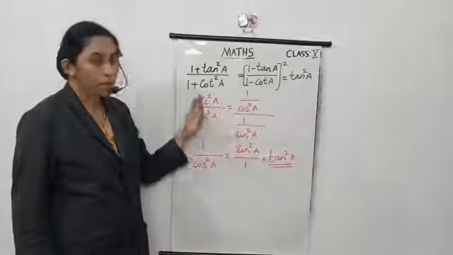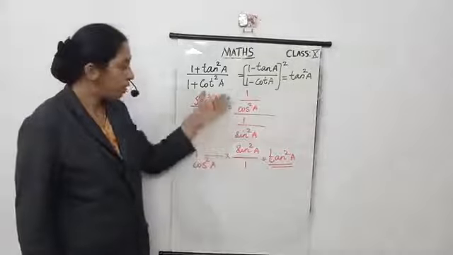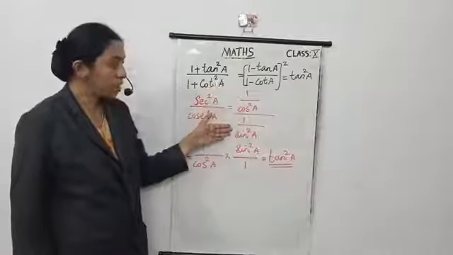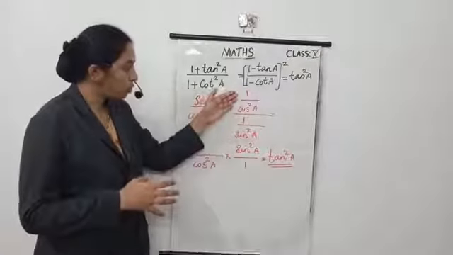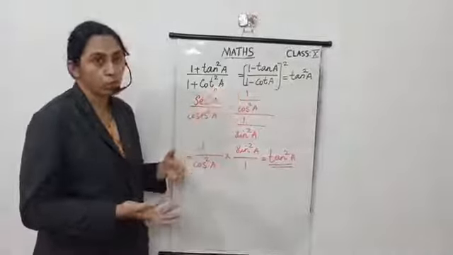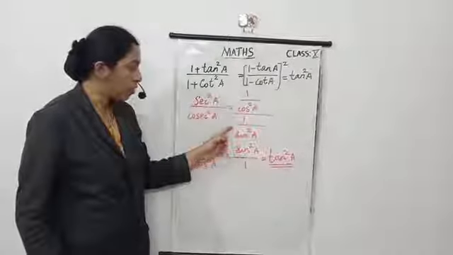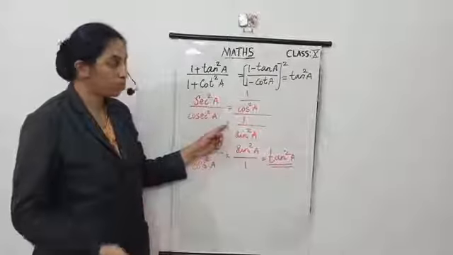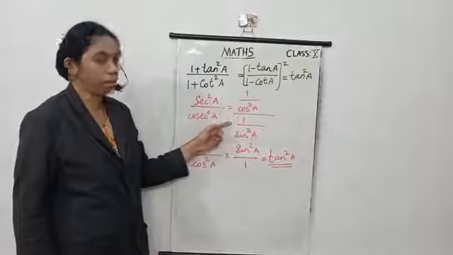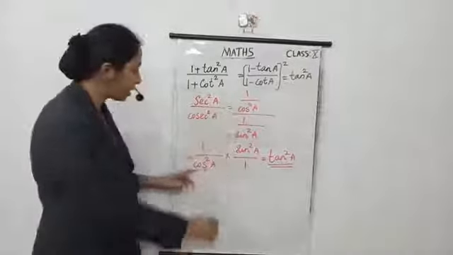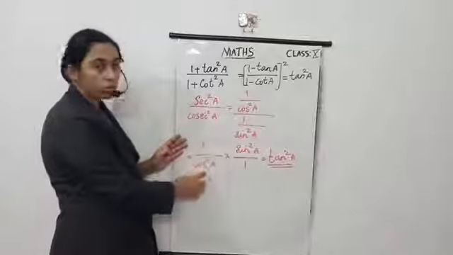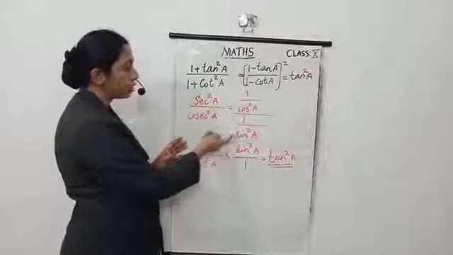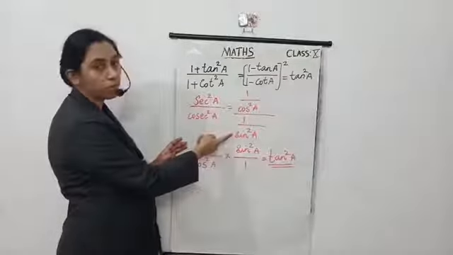Now in previous question I already told one fraction divided by another fraction, then this numerator fraction into reciprocal or inverse of this denominator fraction, isn't it? So replace like that, this 1 by cos square A into reciprocal of this.